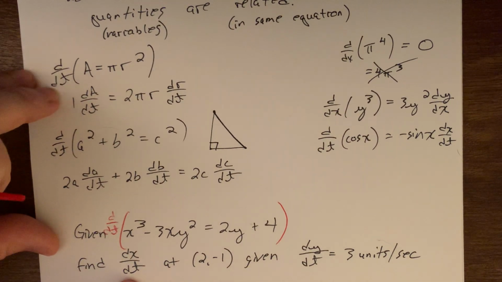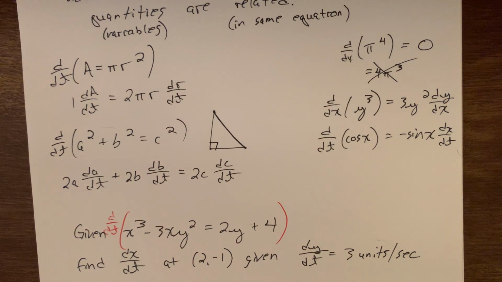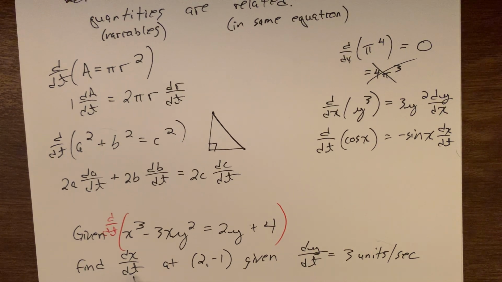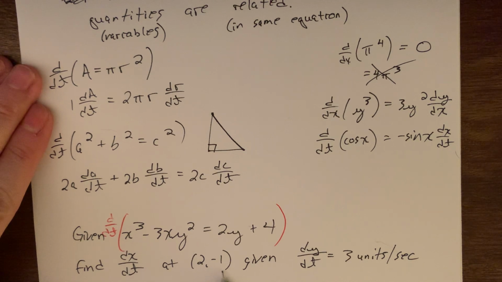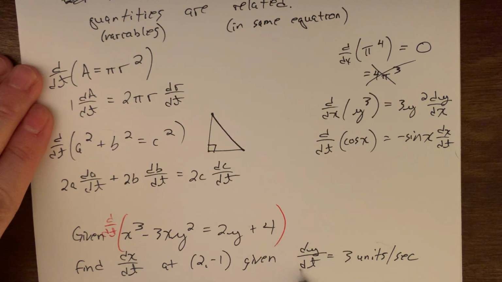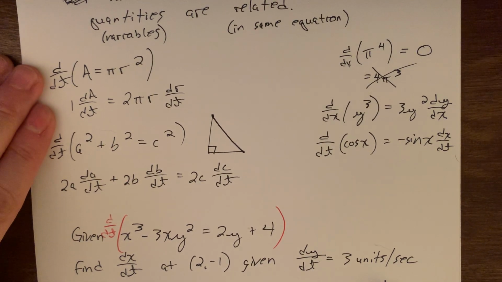That's where the dx/dt is going to come up. But unlike some of our implicit problems where we were just told, okay, find dy/dx, and that was that, we're being given more information. We're not just finding dx/dt generically, we're finding a specific value, given a specific xy pair, given a rate at which y is changing.